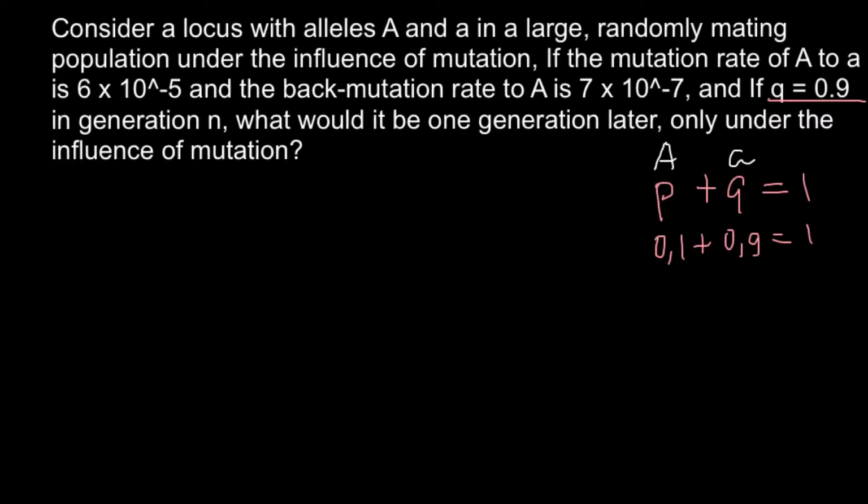The current state would be q_n, and if we are looking at how allelic frequencies would change in the next generation, we put here n plus 1, because our question is what the allelic frequency would be one generation later.